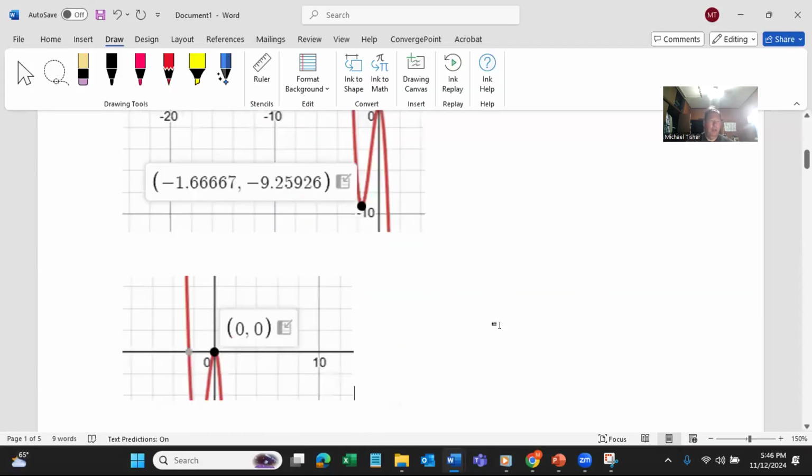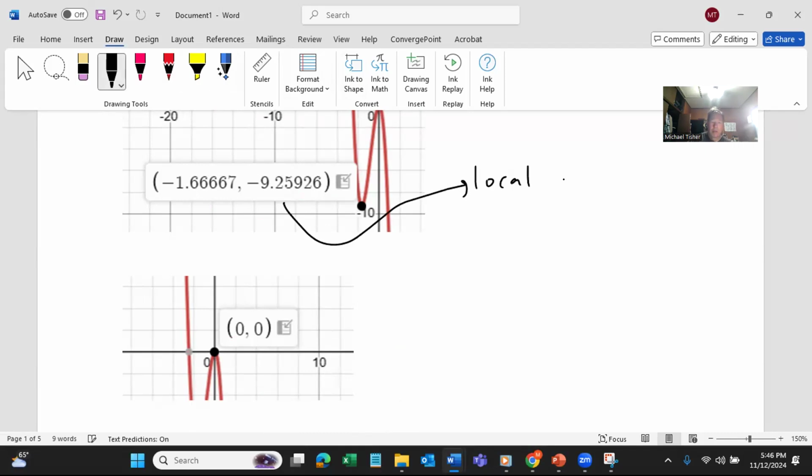All right. Okay, so we can say that the local minimum is negative 9.25926, because it's at the bottom of a bowl right here locally.